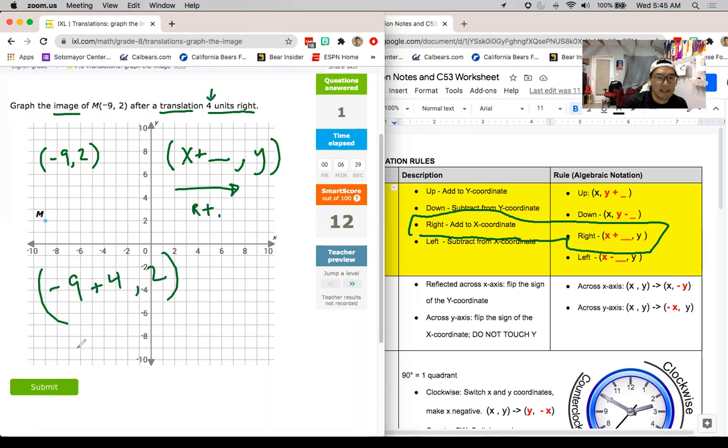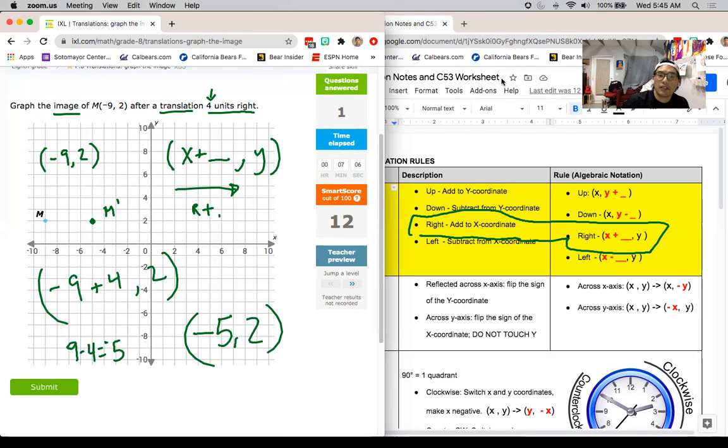So -9, I'm just going to go 9 minus 4, that equals 5. And then since the 9 is the bigger value, I know it's -5. So my new coordinates are -5, comma 2, which is right here. That's M prime.